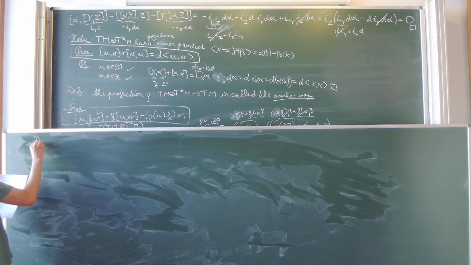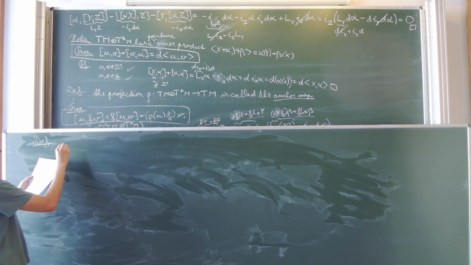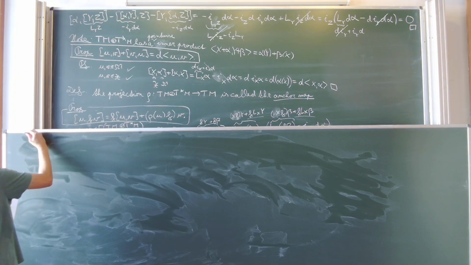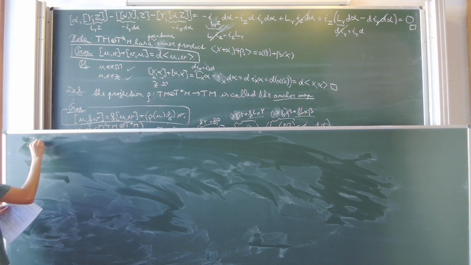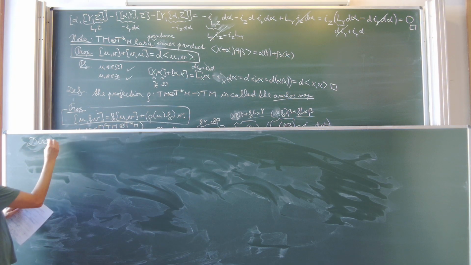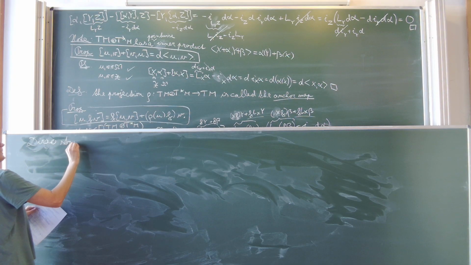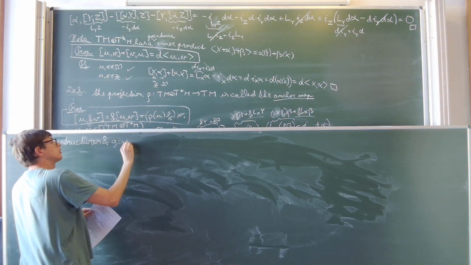Okay, so let me make a definition. Let me maybe call the whole thing, the new section, let's call it Dirac structures and generalized complex structures.